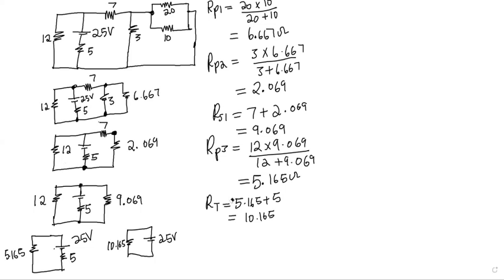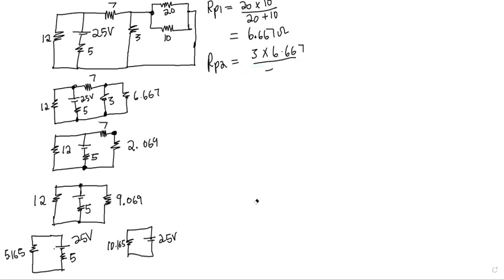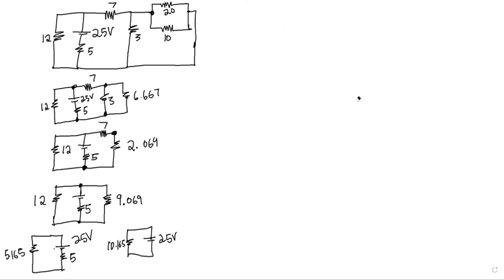So remember, the aim is to calculate the voltage and current across and through each resistor. That's our aim. The question asks us to calculate current and voltage.